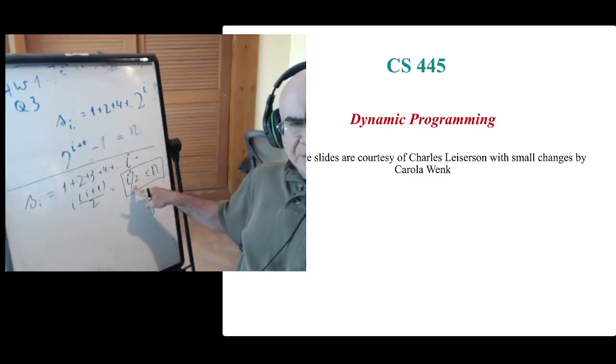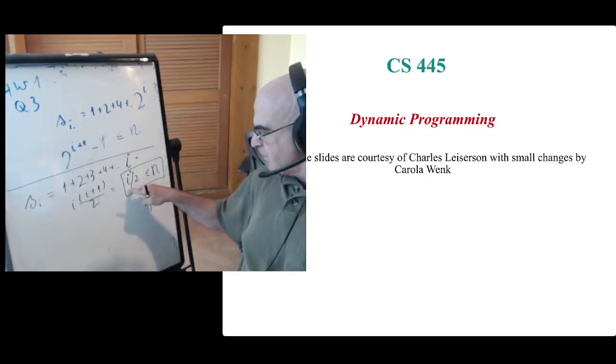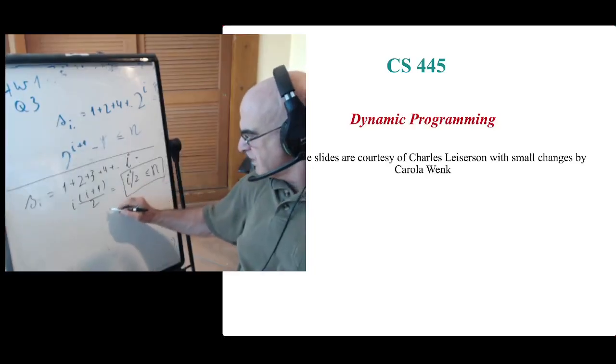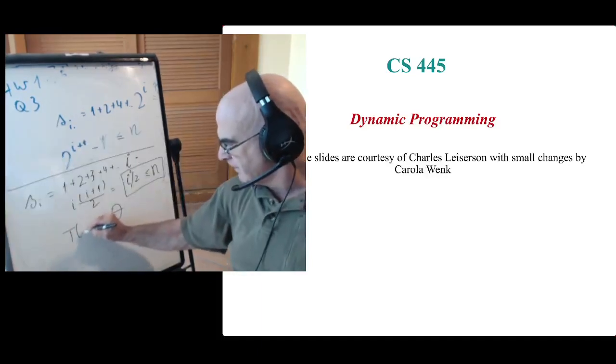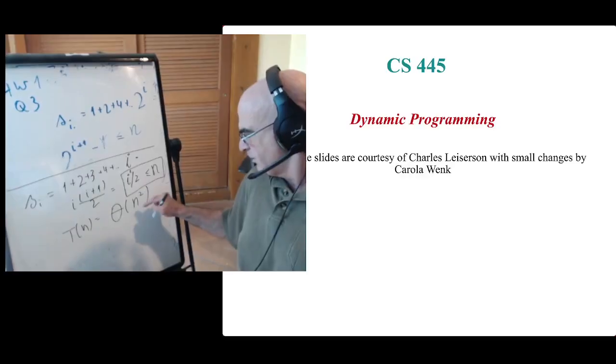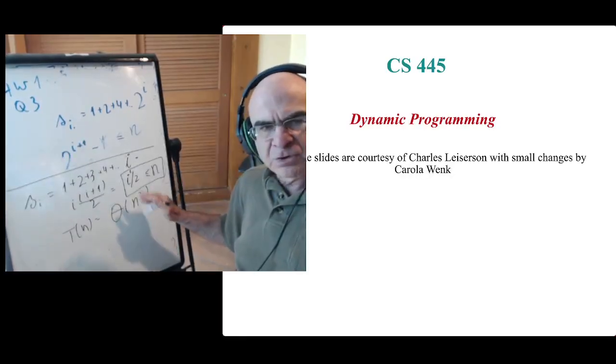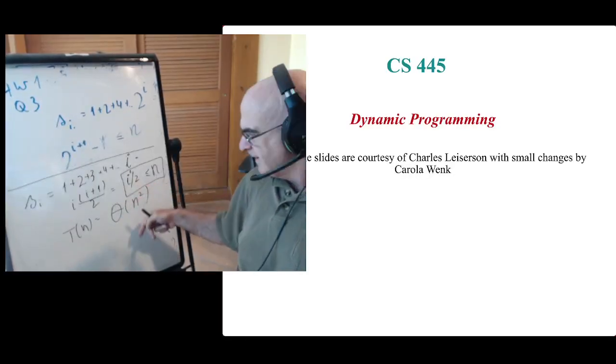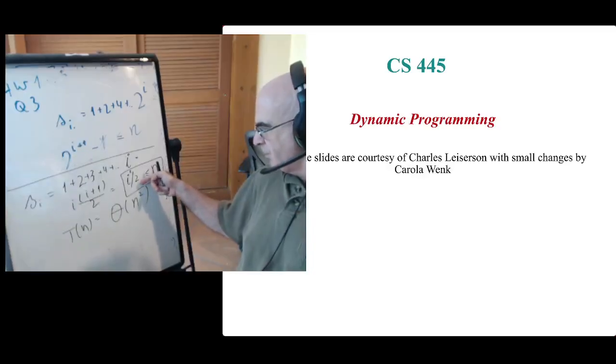And now I saw people who from this point concluded that the running time T of n is therefore theta of n squared, which was exactly the reverse. The intuition that something needs to have quadratic behavior is correct.